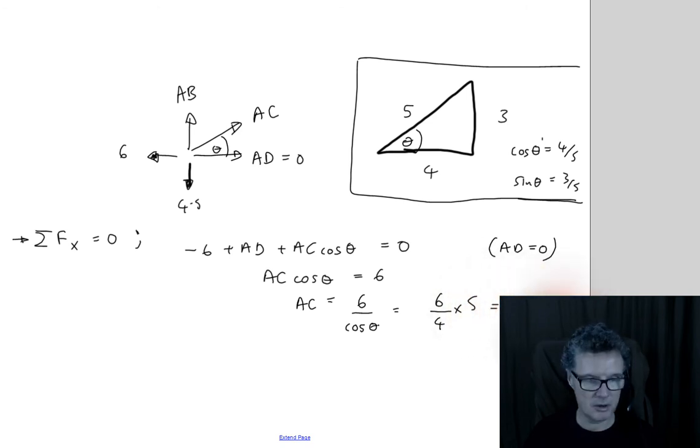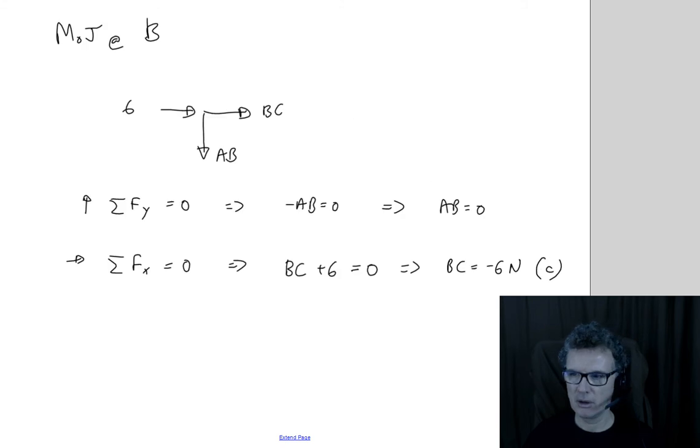So 7.5, and it is going to be in tension. Okay, so now we could come back and label up our whole graph at the end. I think I've got all my forces now. Did I have AB? Have I found AB? Yeah, AB is 0.